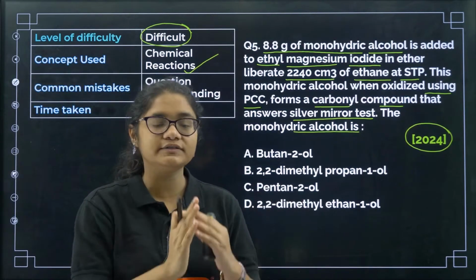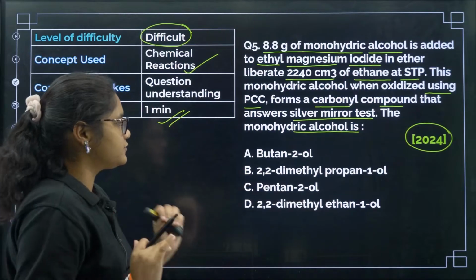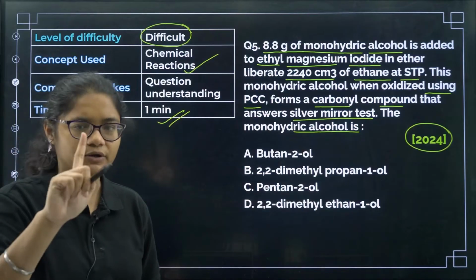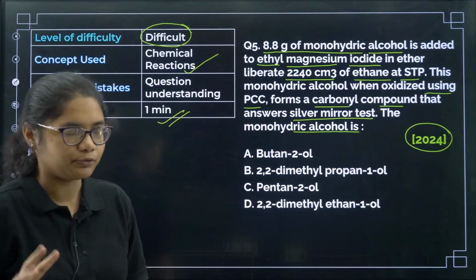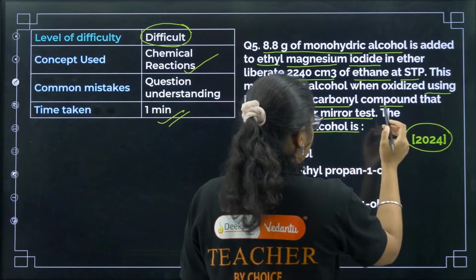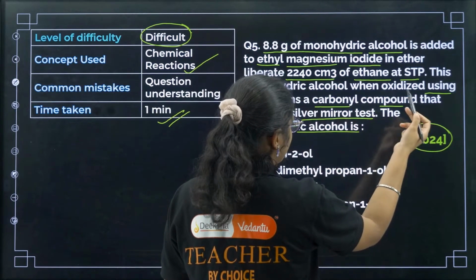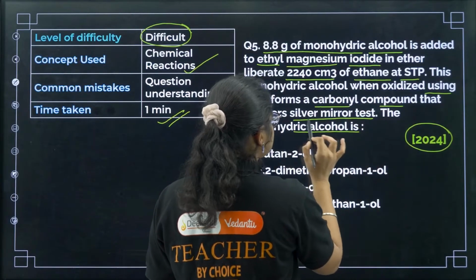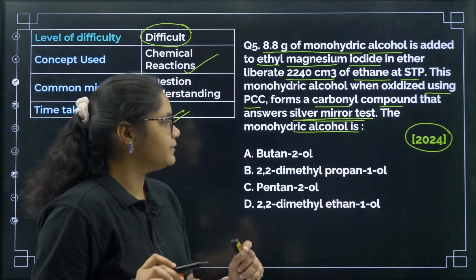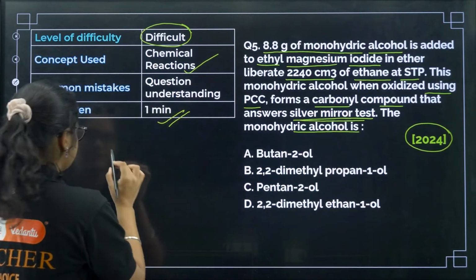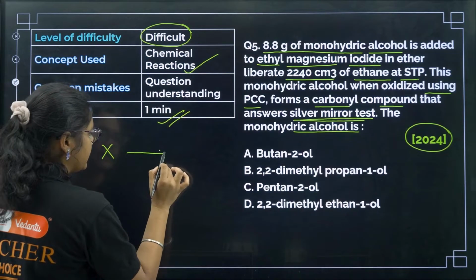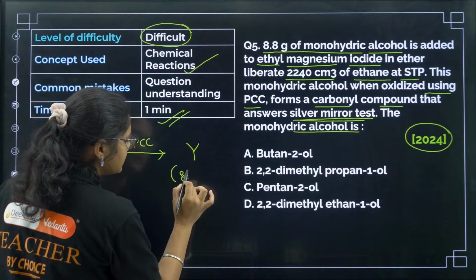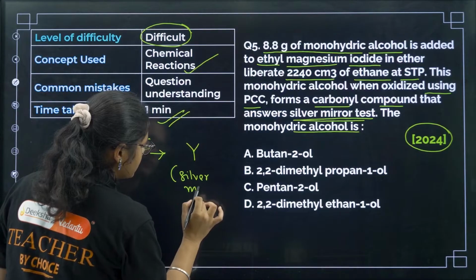You need to search the clues very cleverly, okay? So first of all, we know that it is a monohydric alcohol, means there is only one OH group present in the whole compound, okay? Now the second part is, when this monohydric alcohol is oxidized using PCC, it forms a carbonyl compound that answers silver mirror test. That means, suppose this is your monohydric alcohol X, when you treat it with PCC, it gives a compound Y which answers silver mirror test, means Tollens reagent, right?